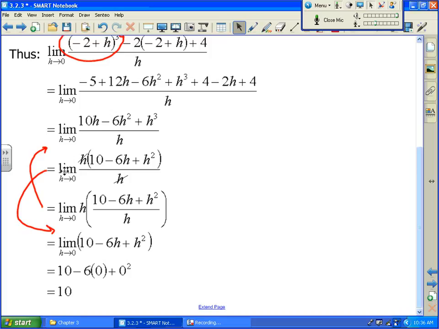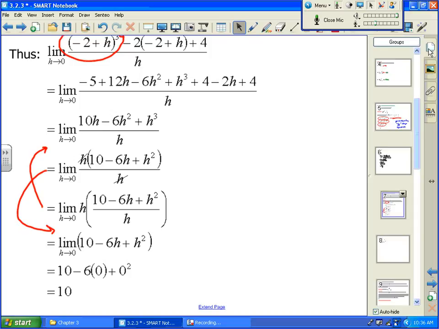Once you have no denominator, people, like I said at the very start of the class, you're probably good to go to start using your direct substitution. Canceling your denominator is the best situation that you're going to encounter in order to evaluate your limit.